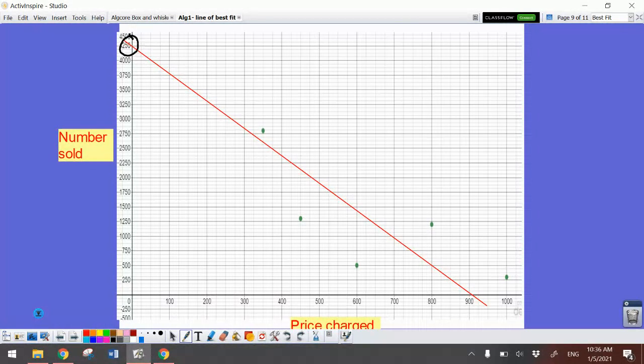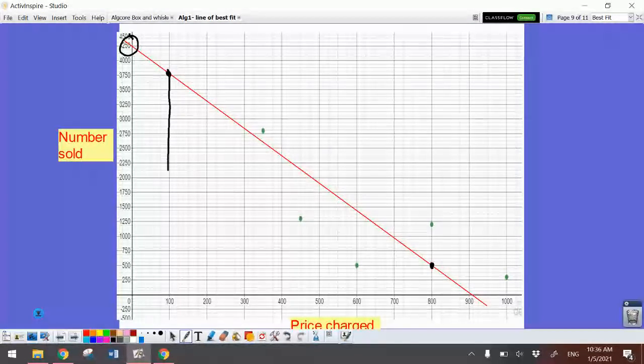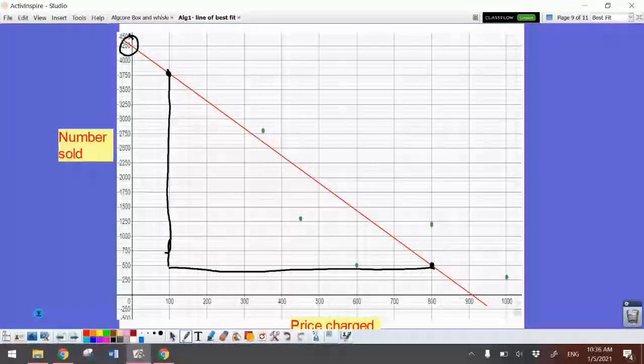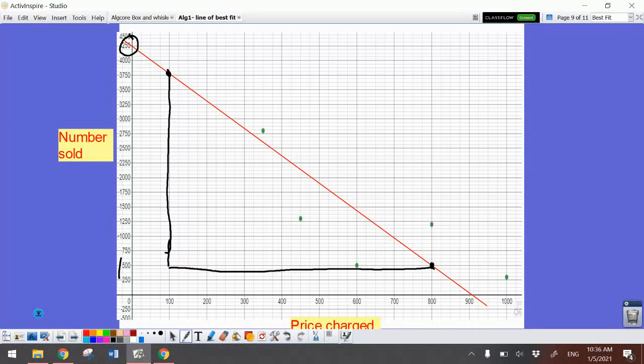So your B should be somewhere around that, and you've got a couple decent points for slope here that you can use. So that one's a pretty good one. I actually can read that one because that's at 500. And I see a pretty good one right here. So maybe I want to use these for my slope. It's kind of going to be up to you what you want to use, but keep track of what your scale is. Okay? Keep track of what your scale is.